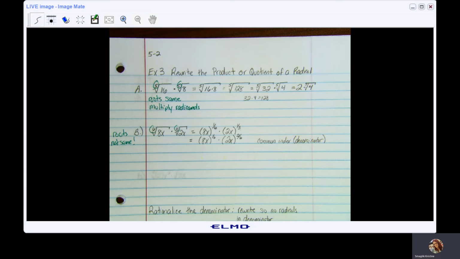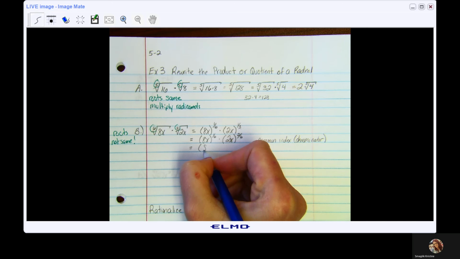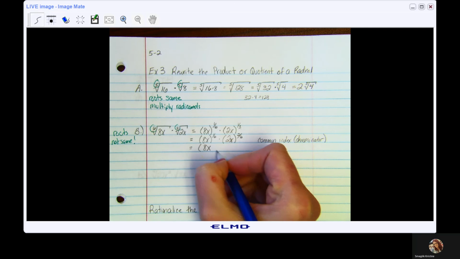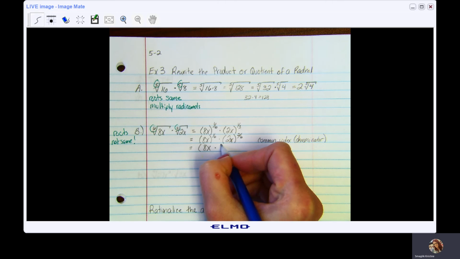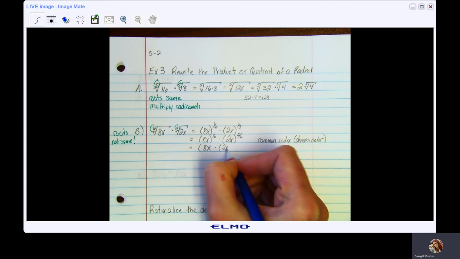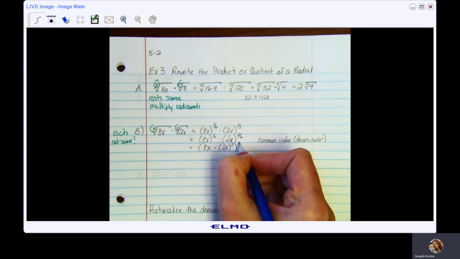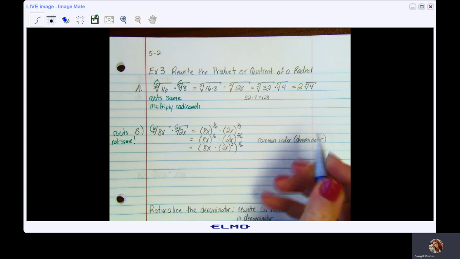So what I'm going to do here, I'm going to factor out a 1/6. That's going to give me 8x times 2x squared raised to the 1/6 power.